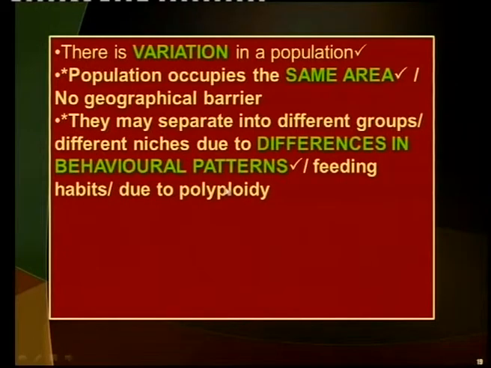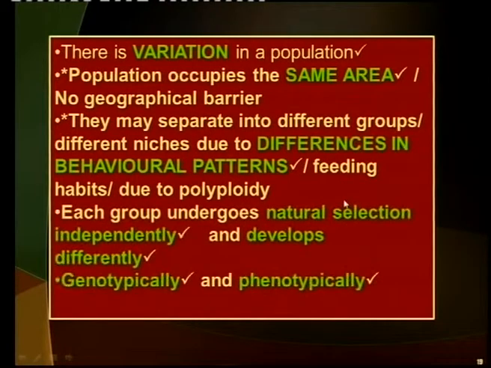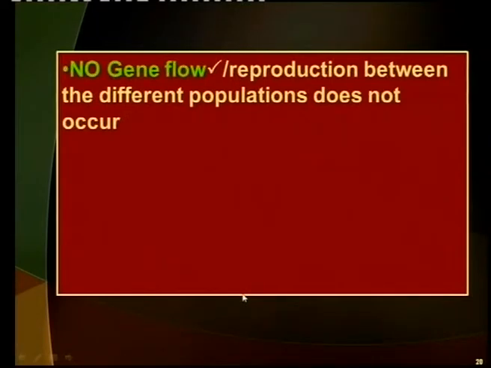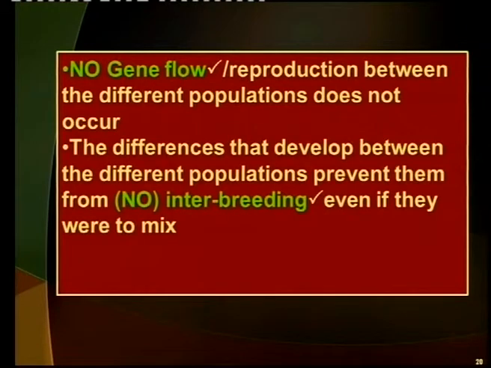They might have behavioral patterns, and you can give an example of it, their feeding habits, due to polyploidy, etc. And they undergo natural selection, exactly the same as allopatric speciation, developing independently, becoming different genotypically as well as phenotypically, and we see no gene flow. Although in the same habitat, there will be no gene flow between these different populations. They can't interbreed, which means they can't pass on those genes even if they are mixing with one another.